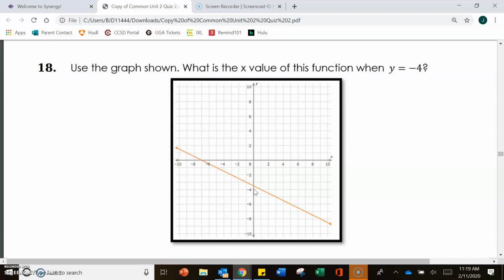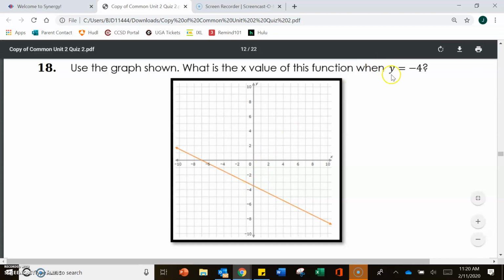Not rise over run. Just go over to where the graph is. Like the graph is directly to your right, correct? So that's our point. So what is the x value when we're right here? Yeah, +1, right? So once again, it says y equals -4.